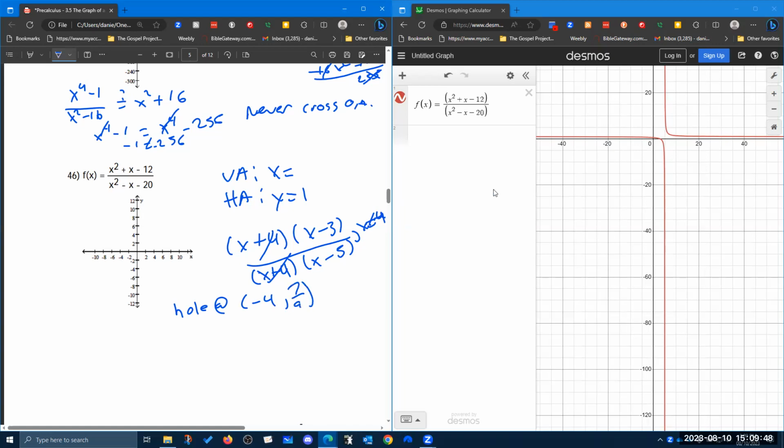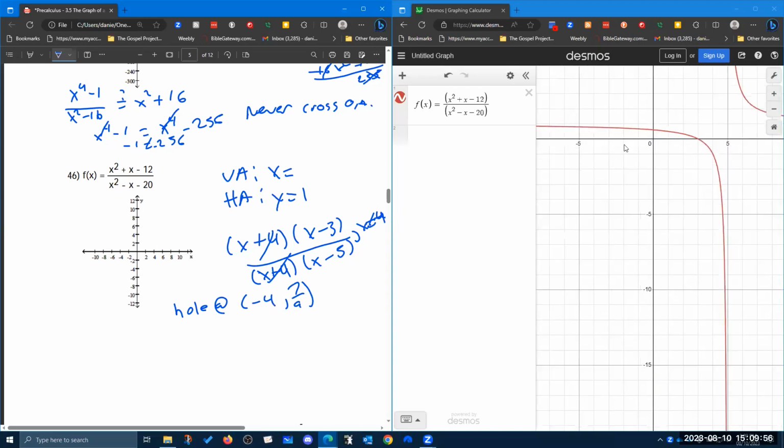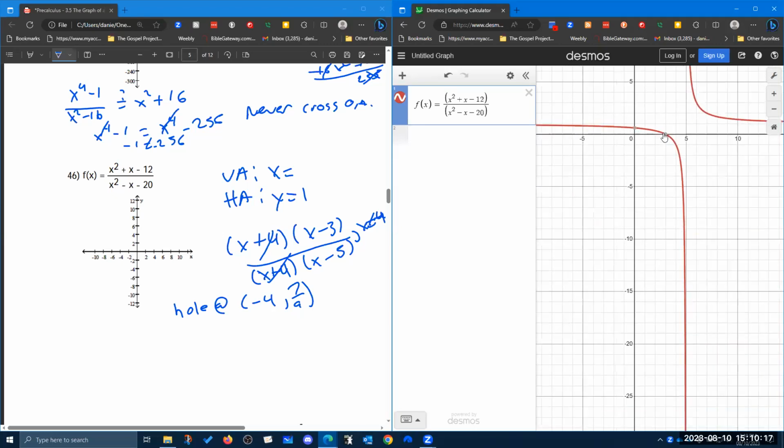So somewhere right here at -4, I zoom in here, the function's going to be undefined there. It's just going to stop and say undefined when I get to -4. But the y value that it's approaching there is 7/9. We've got the x-intercept at (3, 0).